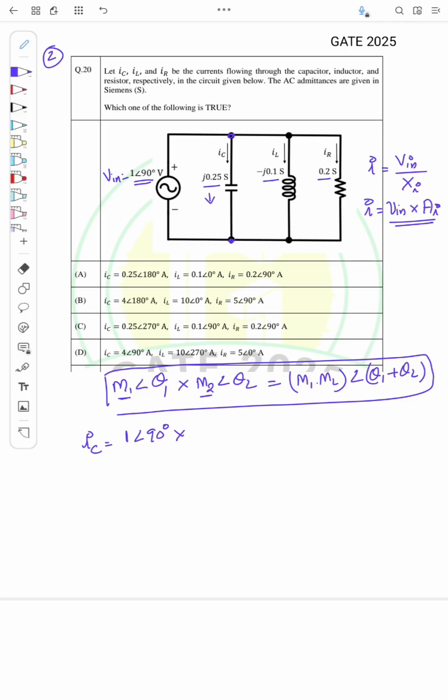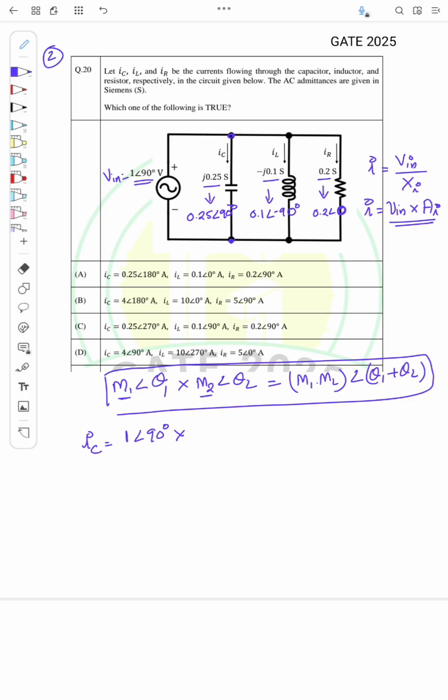We can write this in polar form as magnitude 0.25 and angle 90 degrees, because it is in A plus jB form with only j present. For the inductor, the magnitude is 0.1 and angle is minus 90. Why minus 90? Because the admittance is minus j, right? And since the resistor is only a resistor, we can write its admittance as 0.2 angle 0. Angle 0 in the sense that it has only a real term, and the other two have imaginary terms, right?